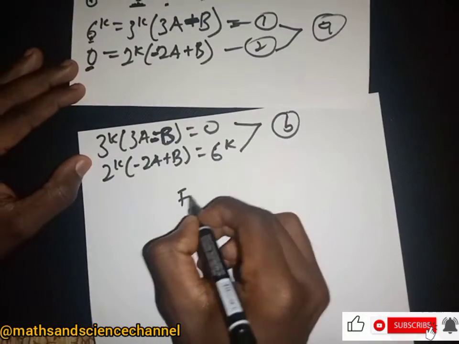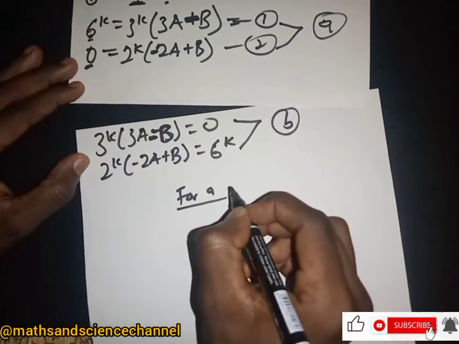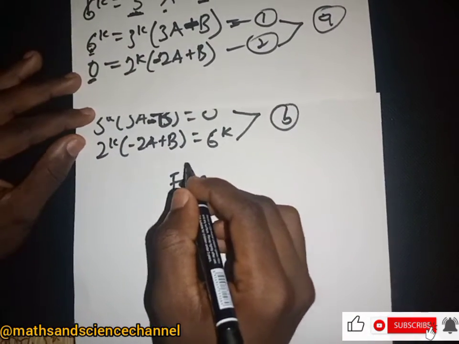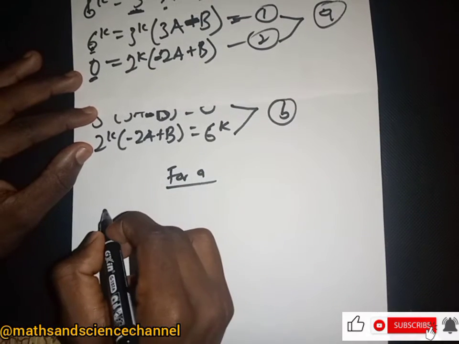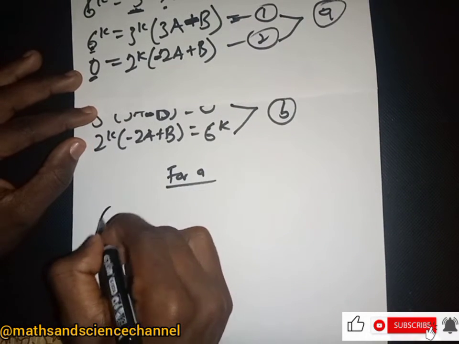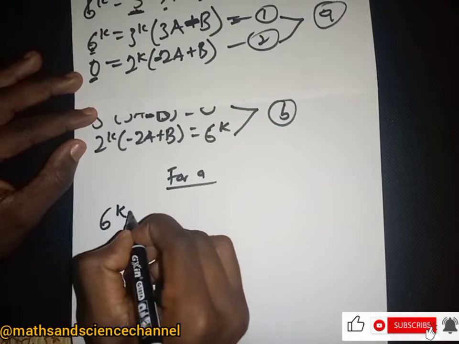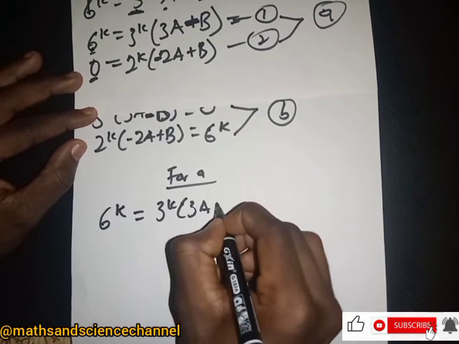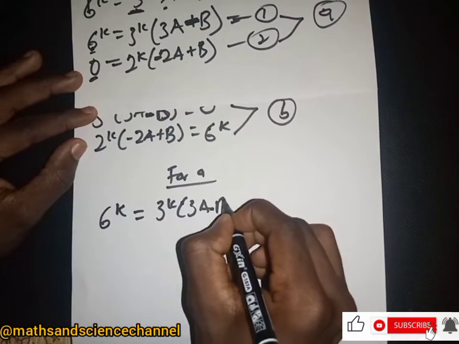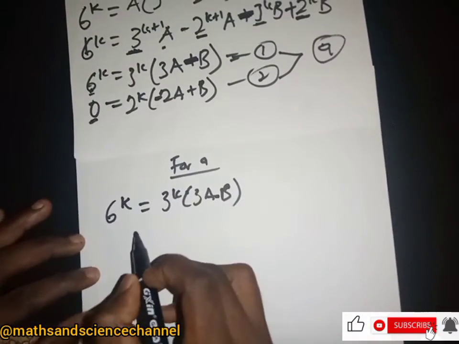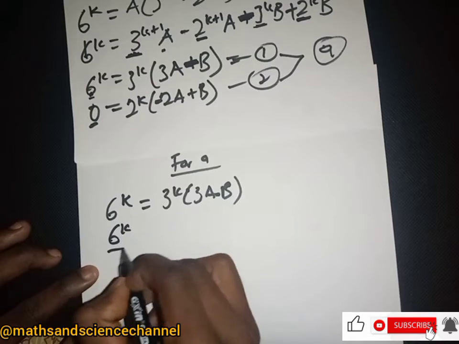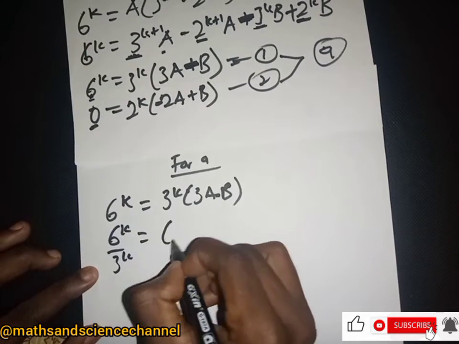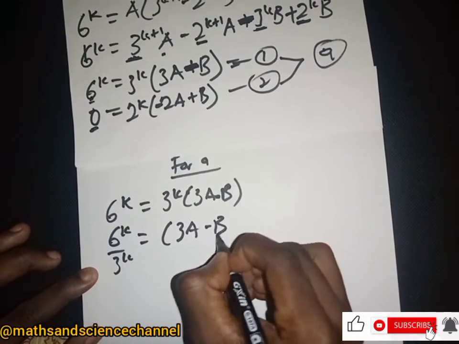So for a, if we take the a part, we realize that we just have 6^k, 3^k, then 3A minus B. So what we can do is send the 6^k and the 3^k here, and we have 3A minus B here.